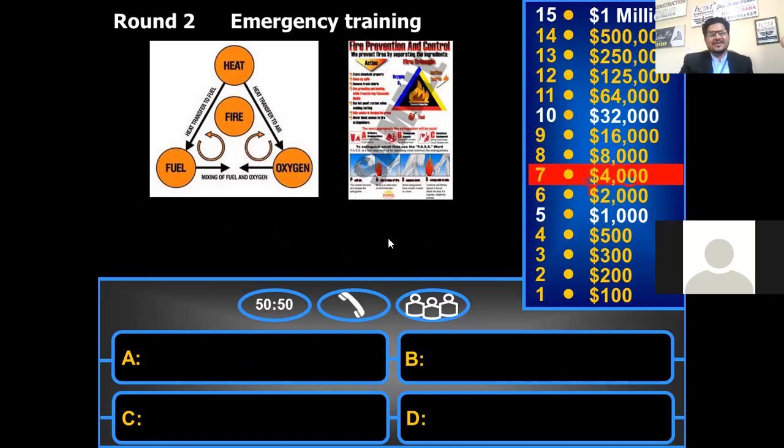Excellent. So look at the picture now. Heat, fuel, and oxygen, and then chemical reaction, and we'll have fire. So question number 7, $4,000 question.